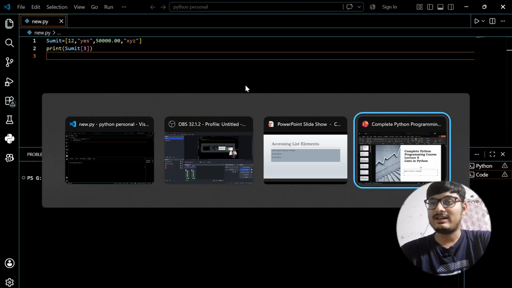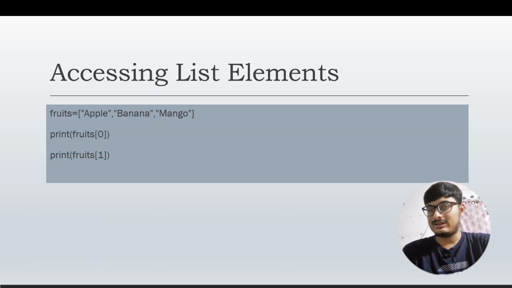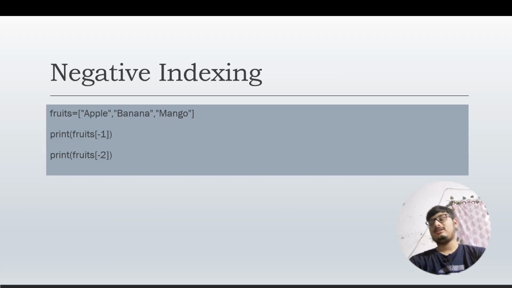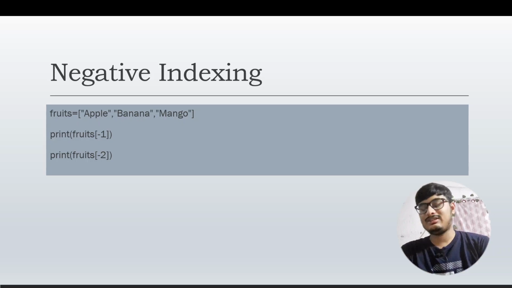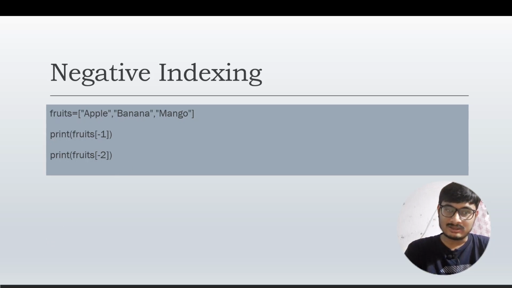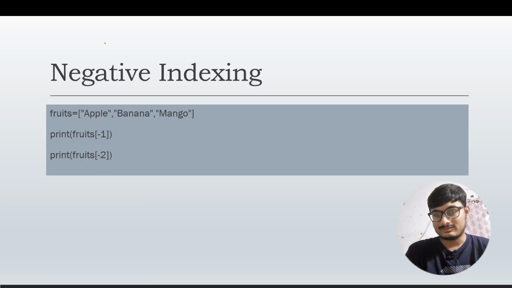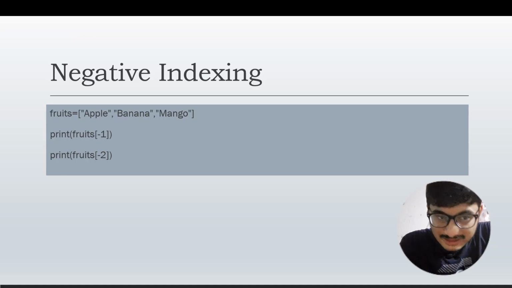Now comes the next part, which is negative indexing. What is negative indexing? Just like in the case of strings, we saw negative indexing. In the same way, there is negative indexing in the case of lists as well.